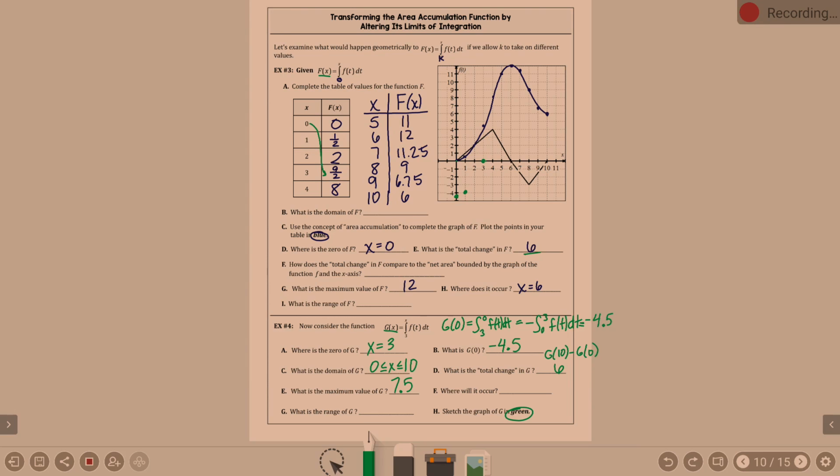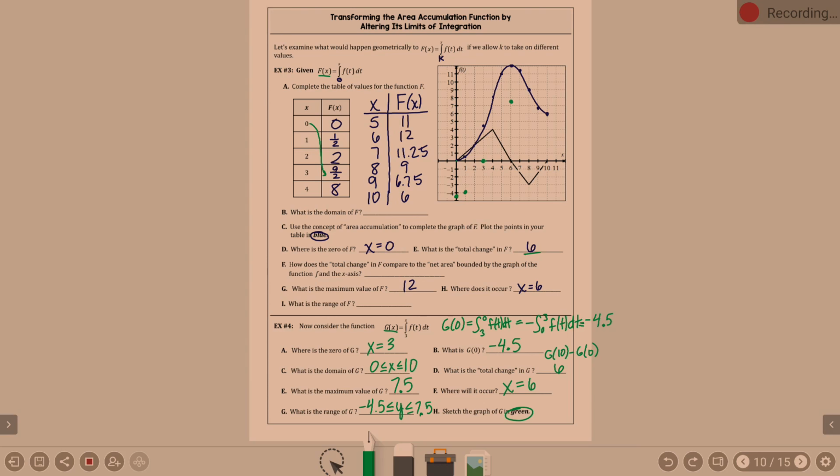What's 4.5 less than that? 1, 2, 3, 4 and a half. So you're at 7.5 there. Where will it occur? X equals 6. Still at x equals 6. What is the range of G? Negative 4.5 less than or equal to y, less than or equal to 7.5.